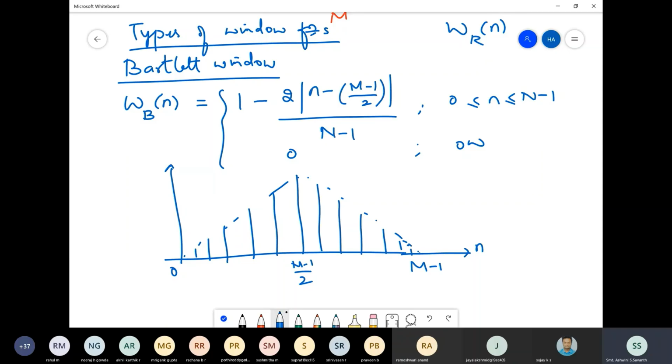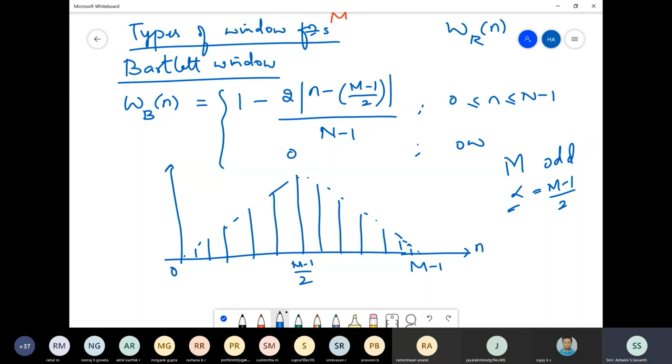And usually we take an odd order filter, that is an odd value of M, because your value of alpha is (M minus 1)/2, and we want alpha to be an integer. That's the reason we generally take M to be an odd value.